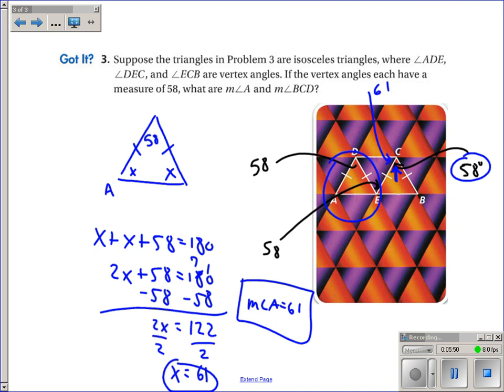So I would use the angle addition postulate and add those two together, and the measure of angle BCD would be equal to 61 plus 58, which is 119. And that's the Got It questions from section 4-5.